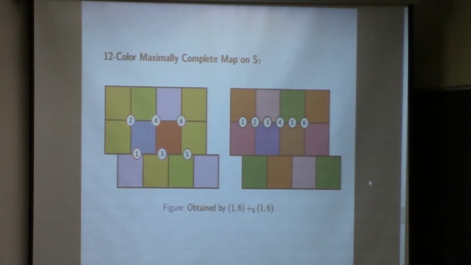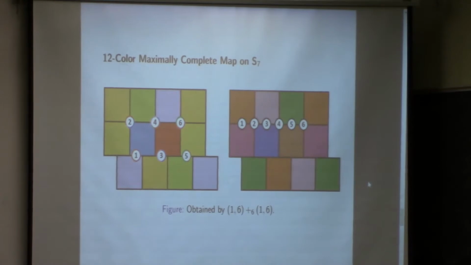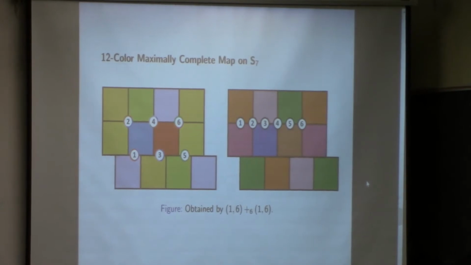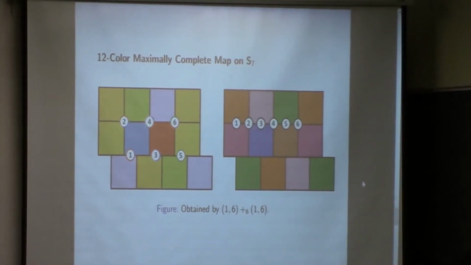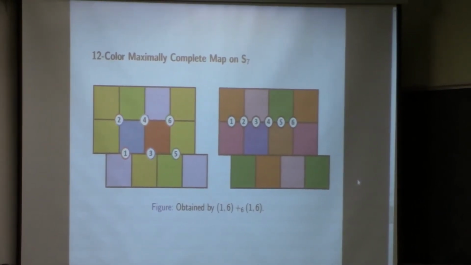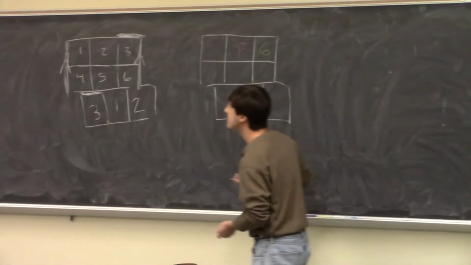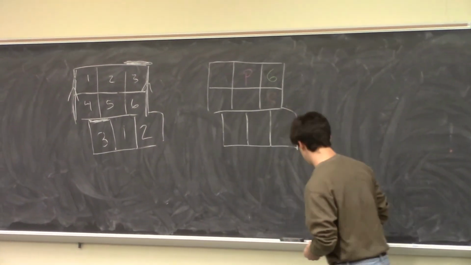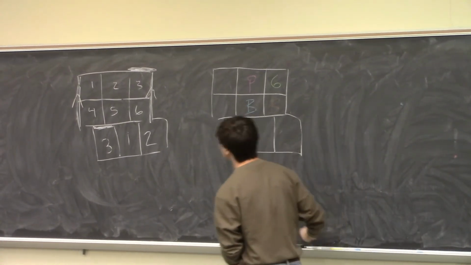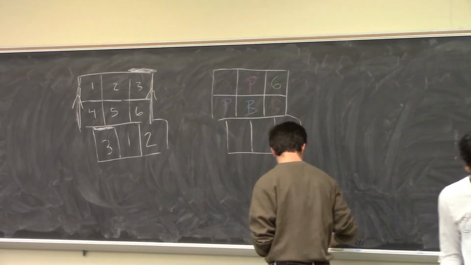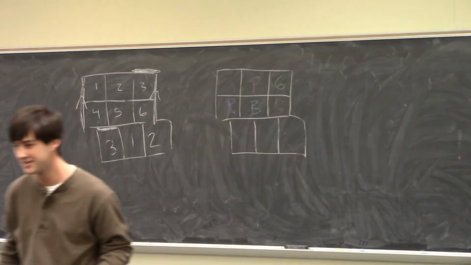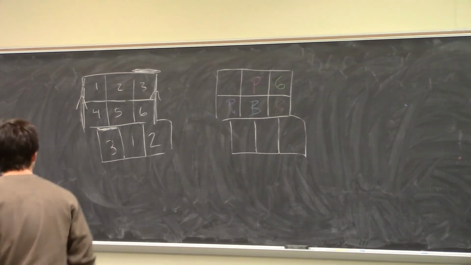So here we have green, we have pink, we have brown, we have blue, we have purple, and here we have orange.